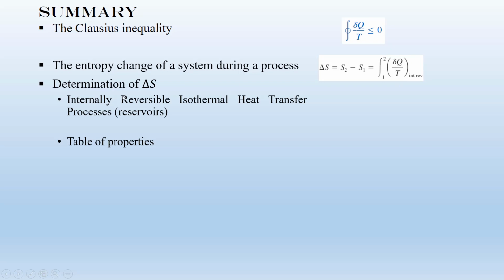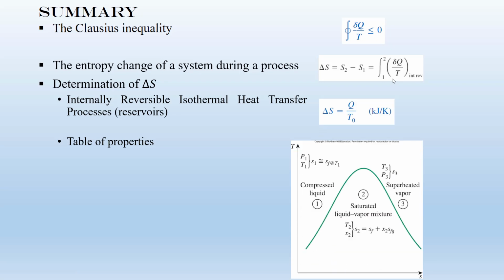So for internally reversible isothermal heat transfer processes, by using this equation, you can write delta S equals Q over T naught. And then if you have the table of properties, you can use it to calculate the delta S.